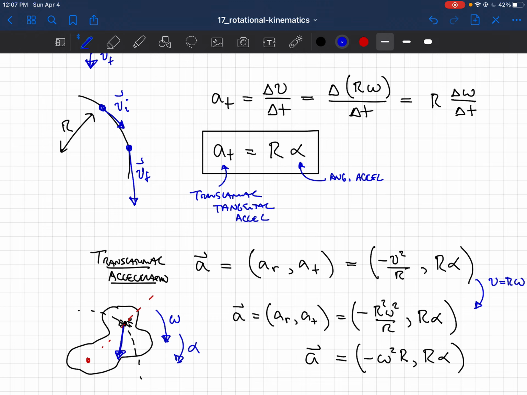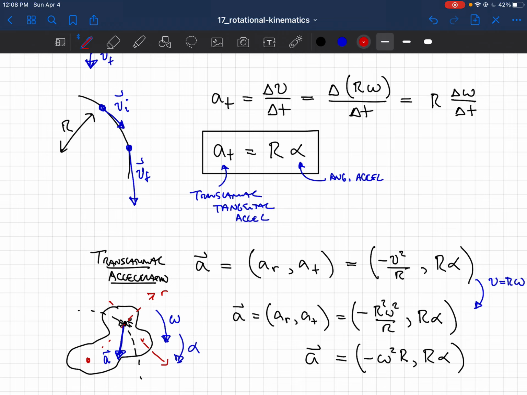So it will point something like this, a. This is the radial axis. The acceleration vector has an inward radial component. That's the minus v squared over r part. And here's the tangential axis.